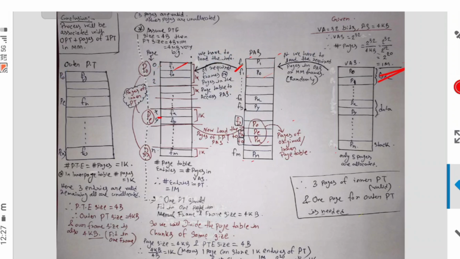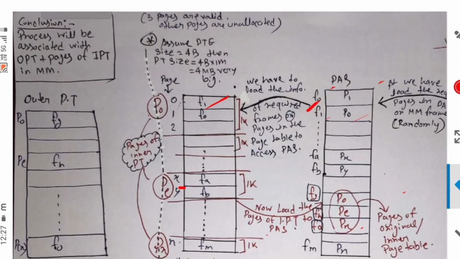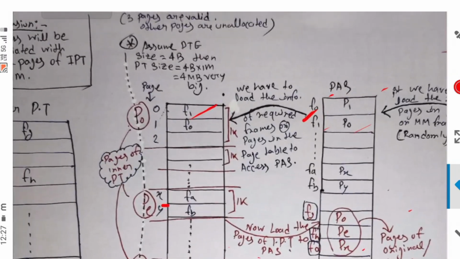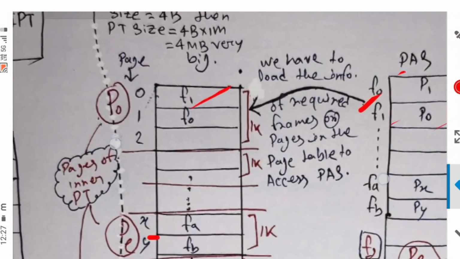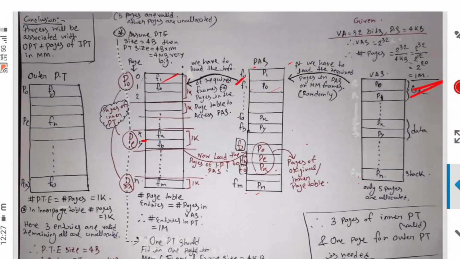Now assume that the size of a page table entry is 4 bytes. So the total page table size will be 4 megabytes. That is very big.